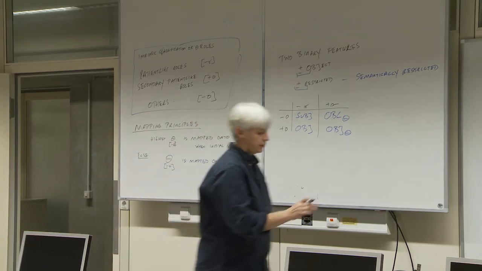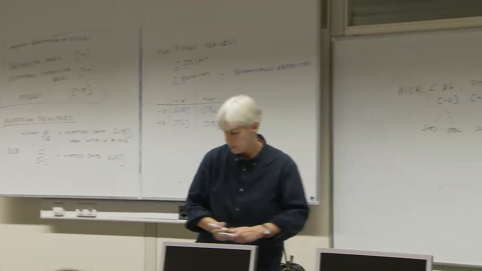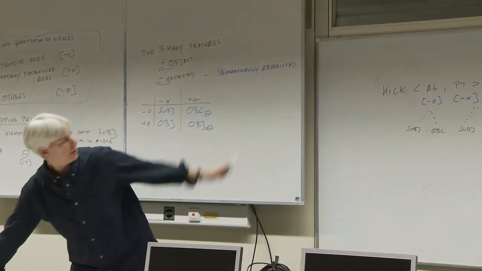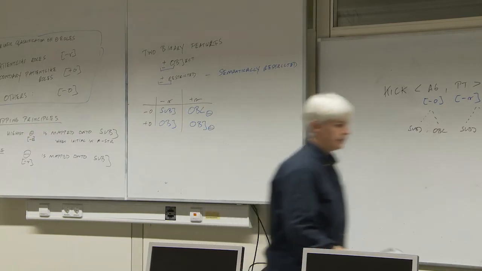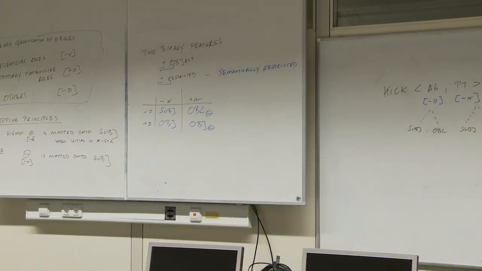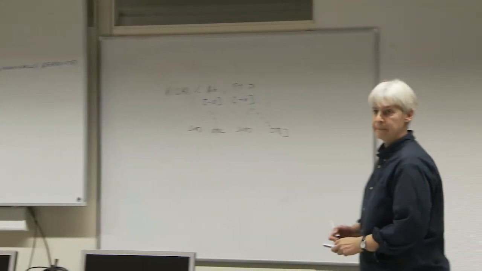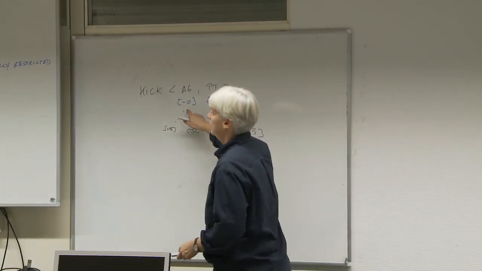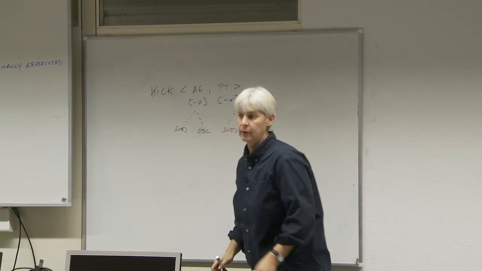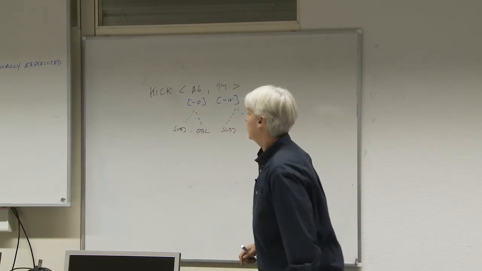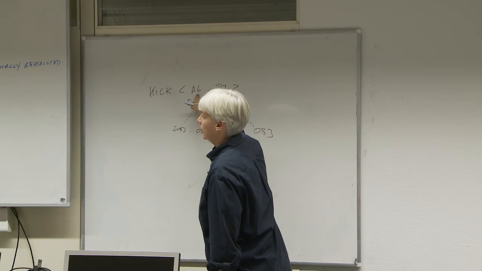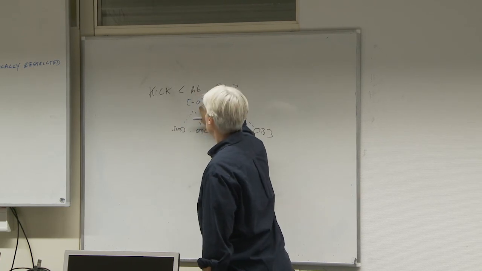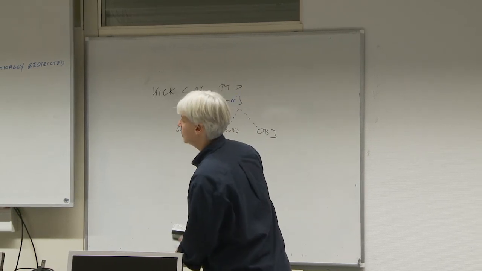Okay, so this takes care of this, right? So we have these mapping principles. What's the consequence for our decisions here? The highest thematic role with -o is mapped onto subject.